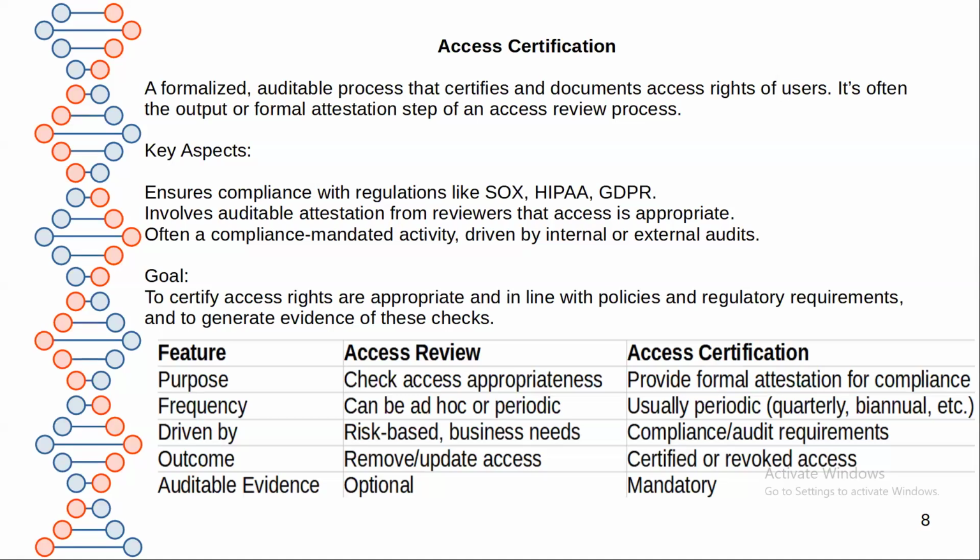If you are in the manufacturing industry, again based on the industry type, there will be another sort of ISO related compliance to be followed. So typically within your organization, IGA can help you, but outside your organization, depending upon your industry, auditors will come and ask you to provide all these audited reports within your company so that they can mark it certified or non-certified.